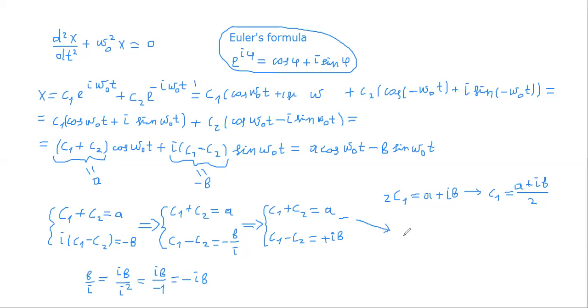So we can obtain that 2C2 is equal to A minus IB, and this is equal to this result that C2 is equal to A minus IB divided by 2. Okay, do you have any questions about this?